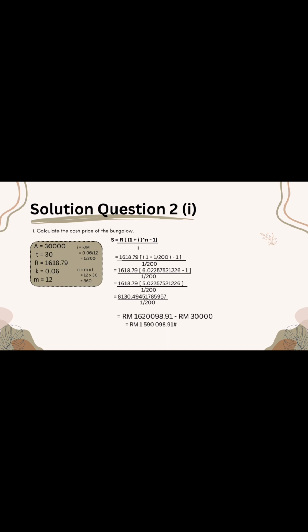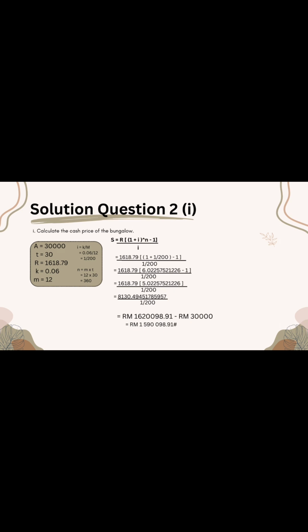But first, we have to find the N and the I. So we use I equals K per M and N equals M multiplied with T. So we got 1 per 200 for I and 360 for N. Insert the numbers in the formula and it becomes 1,618 ringgit 79 cents multiplied with 6.02257521229 minus 1 divided by 1 per 200.